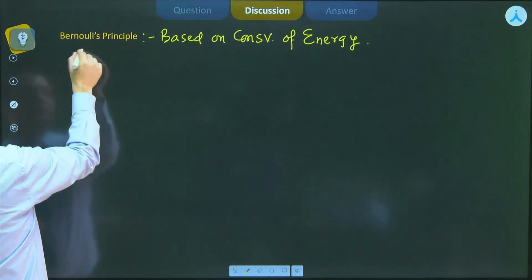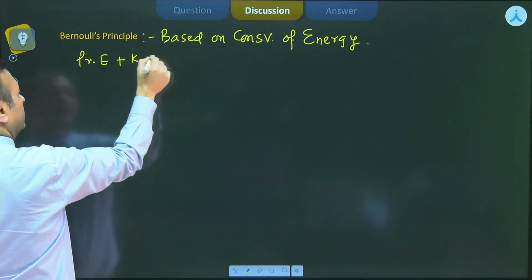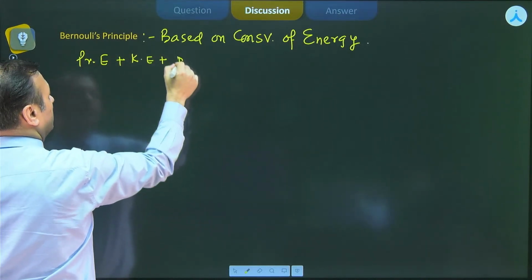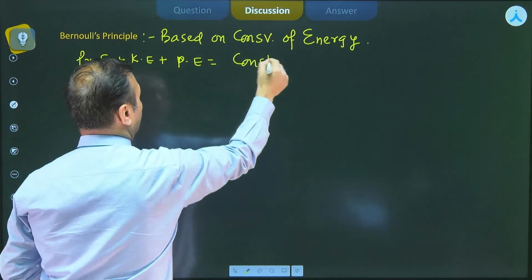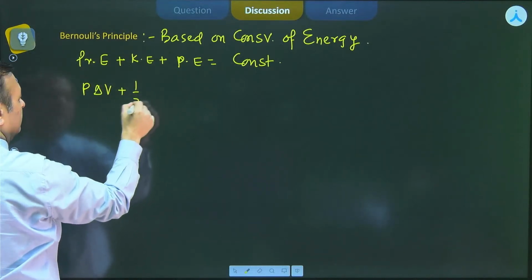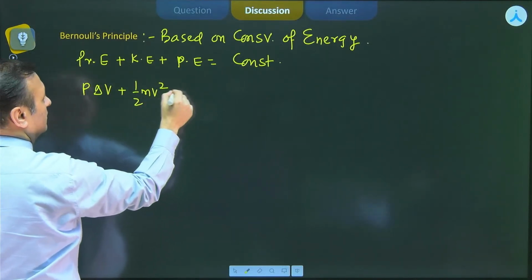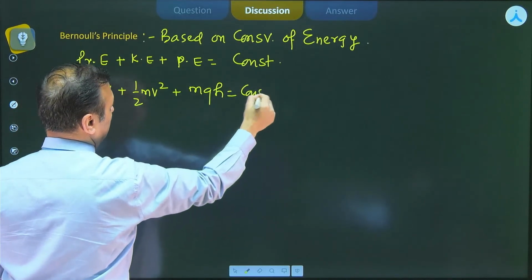It says pressure energy plus kinetic energy plus potential energy of the fluid remains constant. So this is P delta V plus half m V square plus mgh, that remains constant.